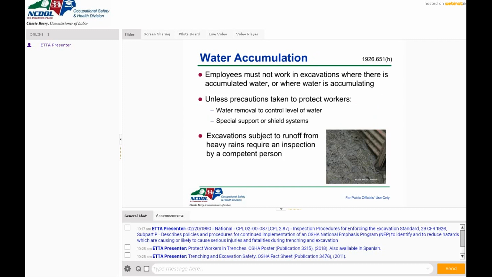Now, water has a tendency to accumulate. We had a fatality a few years ago over at NC State where water was constantly in this excavation site, soaking into the soil and causing the soil to cave out around the trench box.